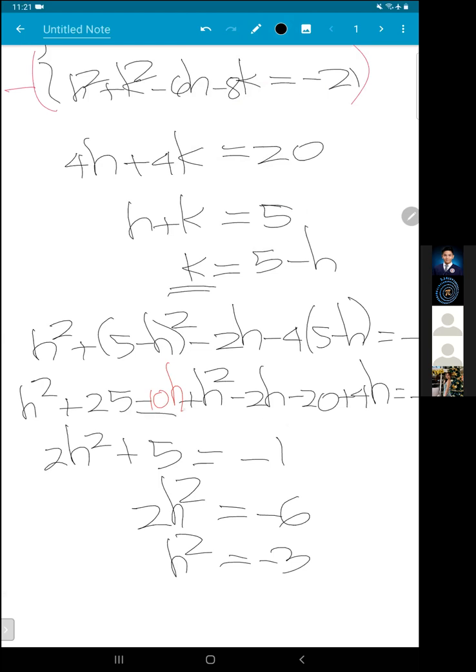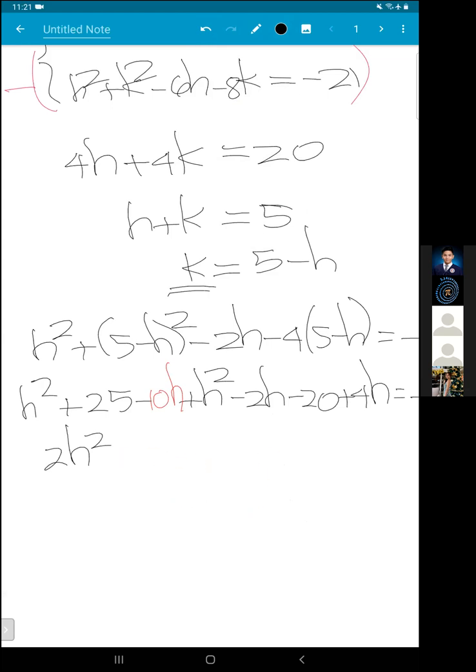So, negative 10h minus 2h, negative 12h, plus 4h is negative 8h. I'll check pa rin yung aking calculations. Negative 8h. And then 25 minus 20, that's 5.